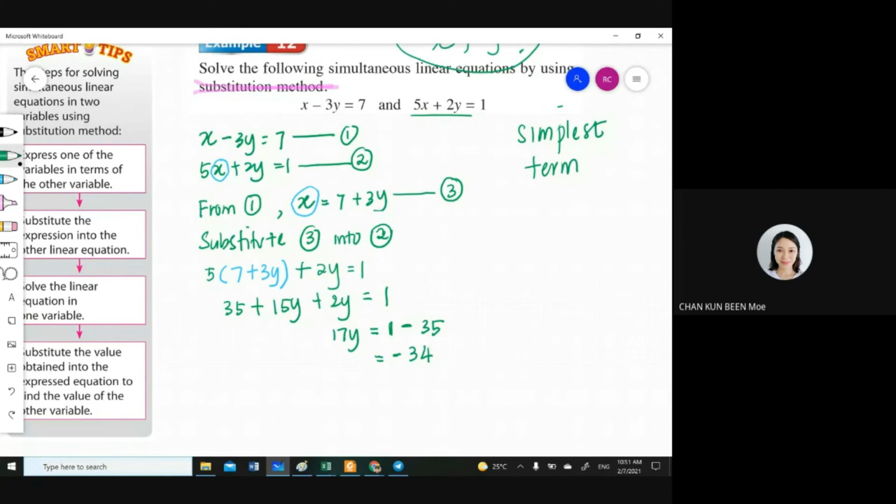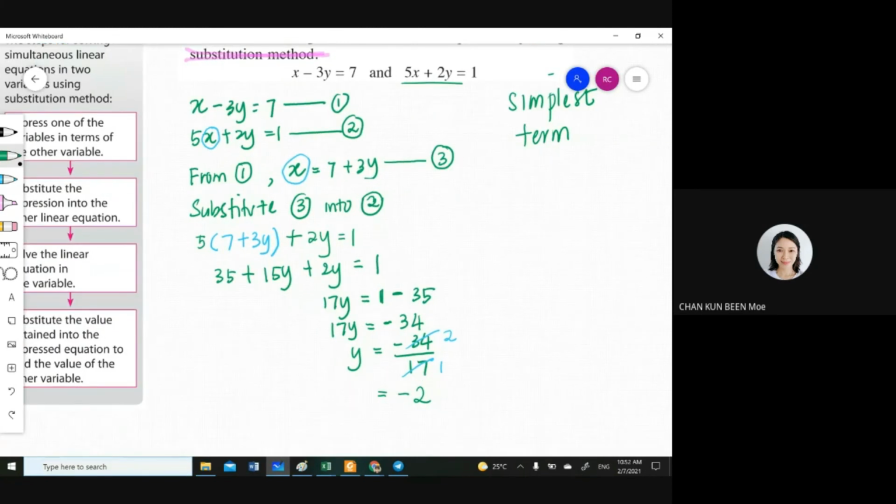So 17y is negative 34. y is negative 34 divided by 17. Why divide? Because this is times over here. Now you can see we can simplify it. 17 times 1, 17. 17 times 2, 34. So the remaining answer is negative 2. Meaning we have got the answer for y. y is negative 2.